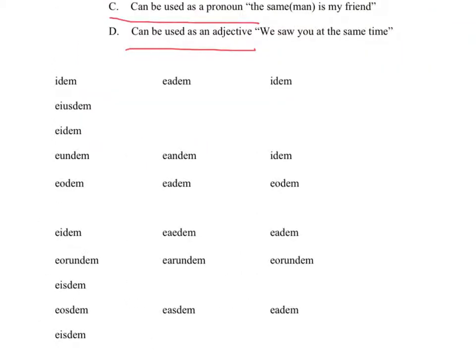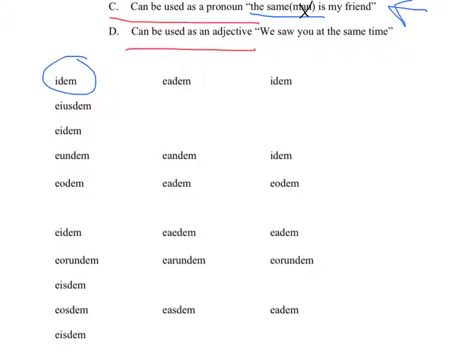I gave you two examples that I'll show you again when we're finished with it of how to translate it. Once as a pronoun, you would say something like idem, which would translate in English awkwardly, "the same is my friend." Now I chose the masculine version, so I put man in parentheses, but Latin doesn't need to say the word man. Latin can just say idem is my friend.